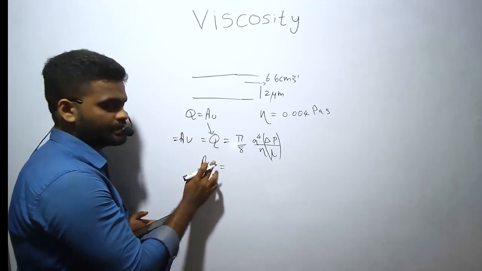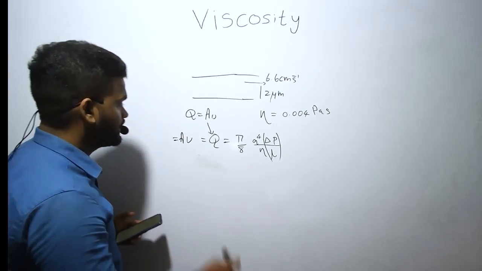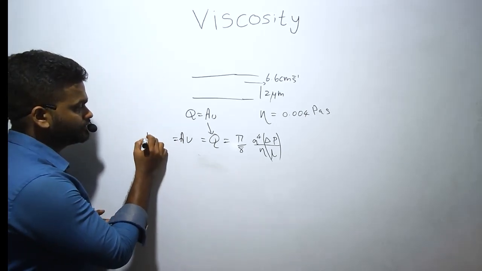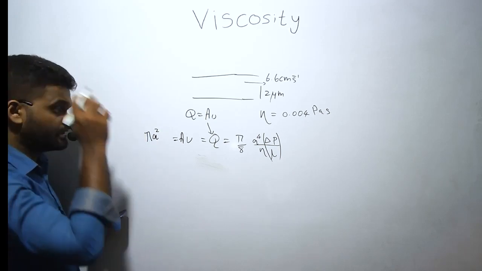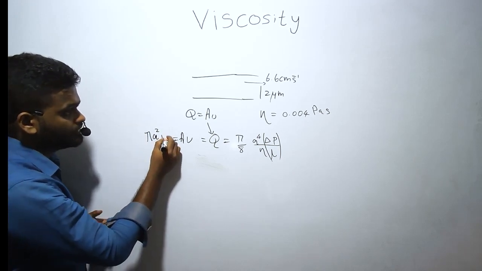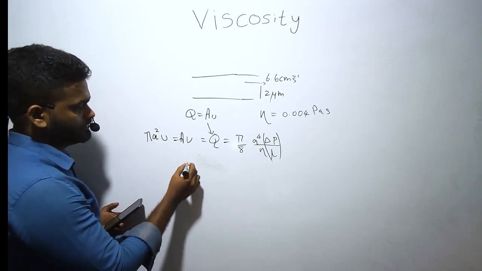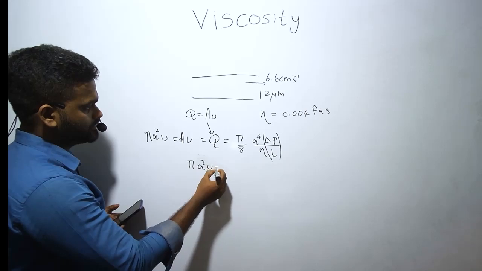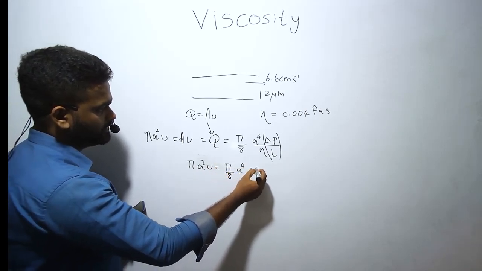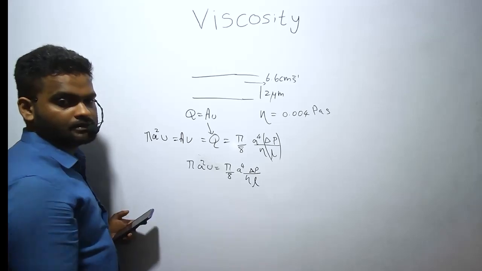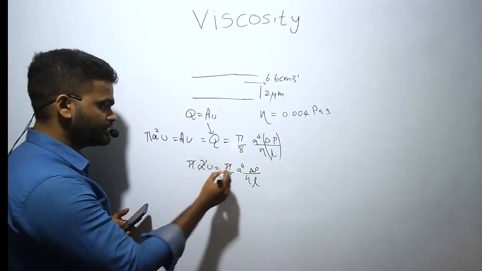So what is the cross section? This is a circular cross section. So this has pi a squared. That's the cross sectional area times velocity. So you can have this equation like this. A to the power 4 delta P eta L. Pi cancels off. A to the power squared cancels off.